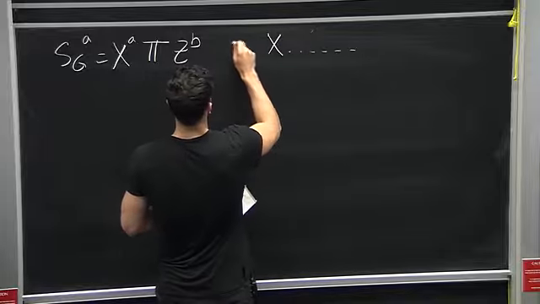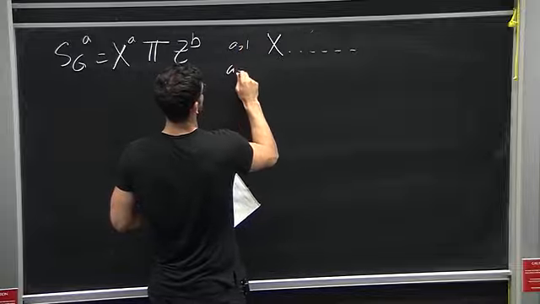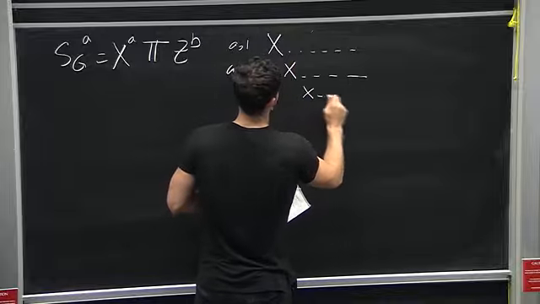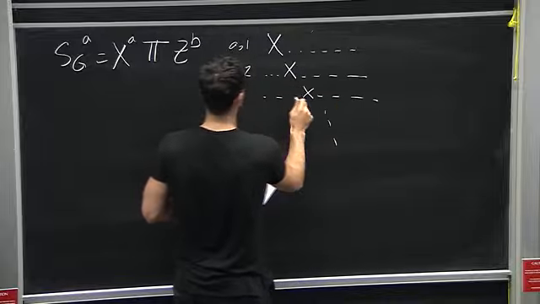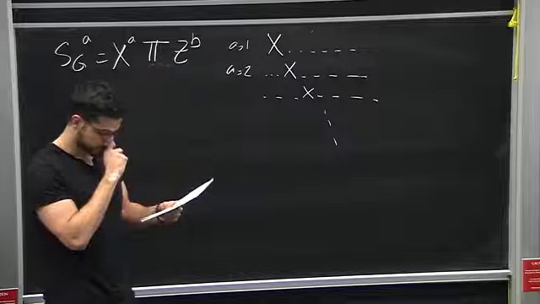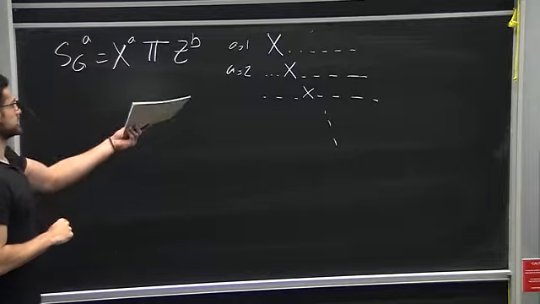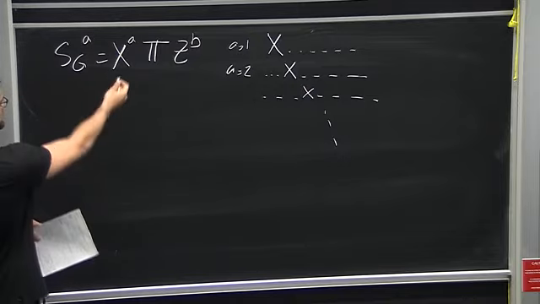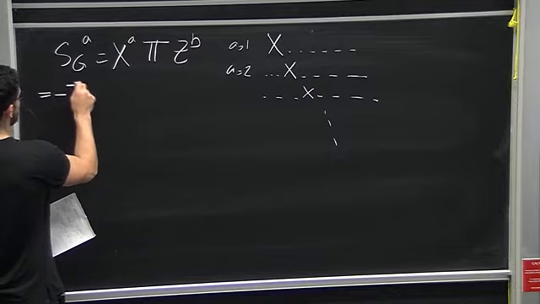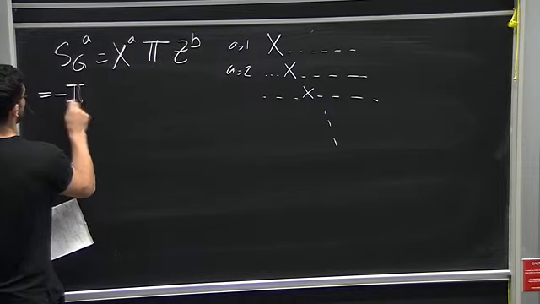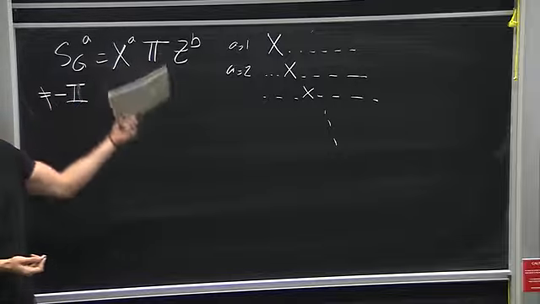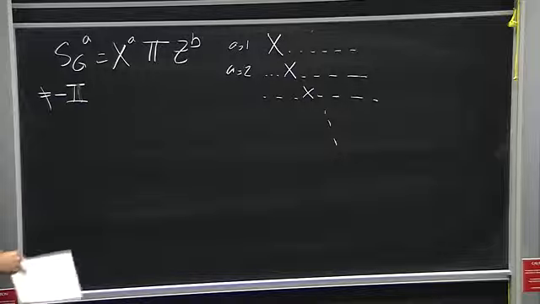So this would be for a equals 1, for a equals 2 it's in the second location, a equals 3, etc. To convince yourself that this does stabilize, clearly by its definition there's no way we could have negative identity. There isn't a negative phase, and everything contains at least one X.